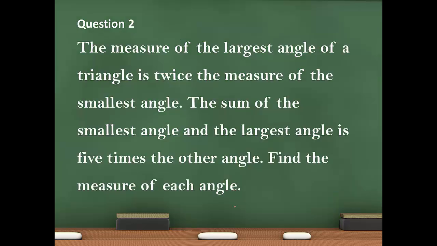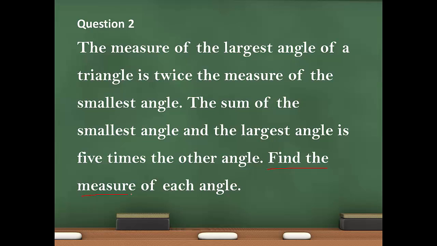Question 2. The measure of the largest angle of a triangle is twice the measure of the smallest angle. The sum of the smallest angle and the largest angle is 5 times the other angle. Find the measure of each angle. So what are they asking us to find?